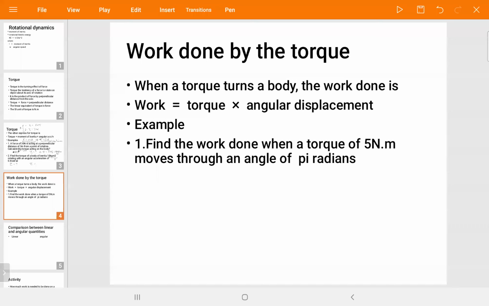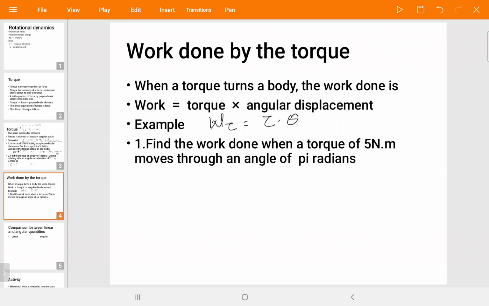To determine the value of work done during a rotation, we take the product of torque times angular displacement. Work done by torque equals torque times angular displacement.